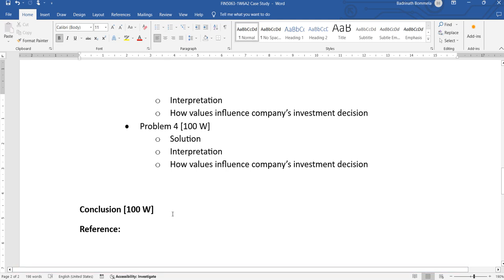Based on the problems that we solved and the values that we received, and now that we know what kind of influence each value explains, we will be concluding it. My basic conclusion is that investing in both the investments is good.